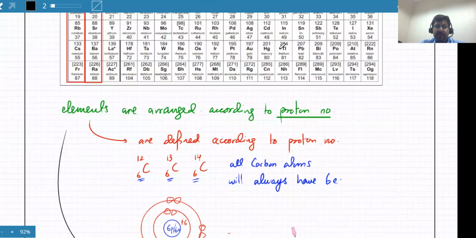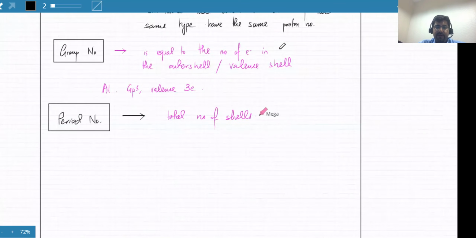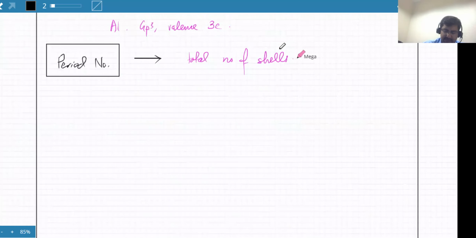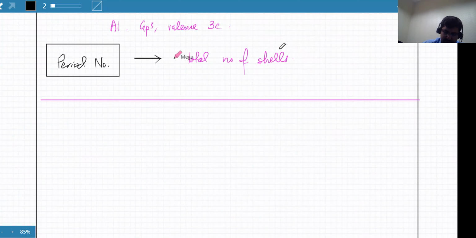Now what we're going to do is try and learn how to write the electronic configuration of big atoms. So this is going to be different, and this doesn't come very frequently because big atoms, I told you, are not that abundant. Most of the time, the electronic configurations that you'll be asked would be about small atoms.